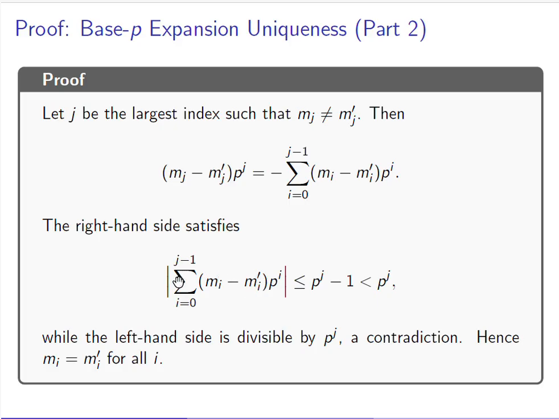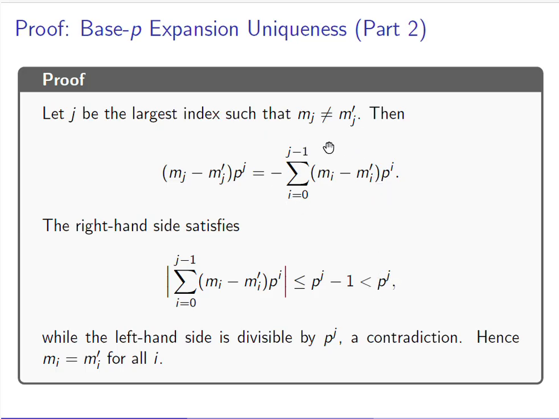So we can factor out that p minus 1 here, and also do this summation again. So if you sum i going from 0 to j minus 1 of p^i, as we did before, you're going to have (p^j minus 1) over (p minus 1), and that p minus 1 will cancel this p minus 1 here. So this is less than or equal to p^j minus 1, which is less than p^j.